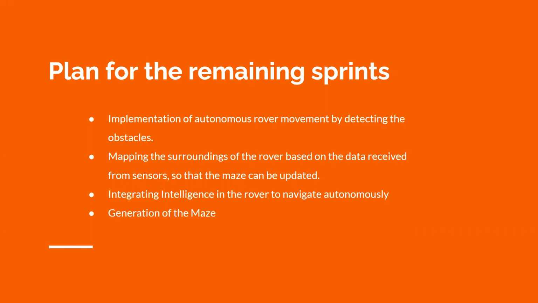Like if it has an obstacle in front of it, it should be able to dodge it and move in another direction so that it can proceed towards the map.